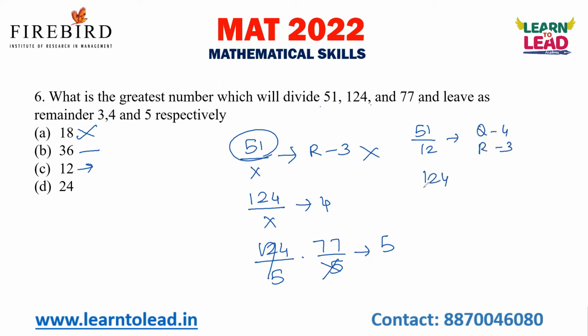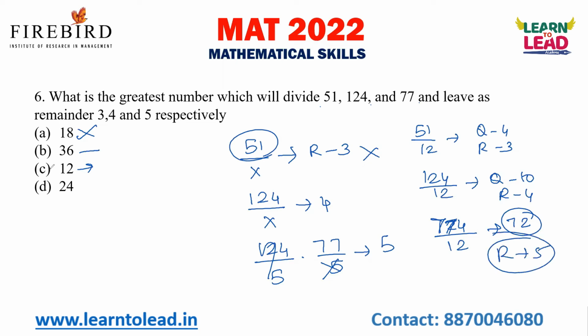And similarly, if you divide 124 by 12, quotient is 10 and remainder is 4, right? If you divide 77 by 12, 72, 6 times, right? And remainder you'll get as 5. So 12 is the answer for this question.